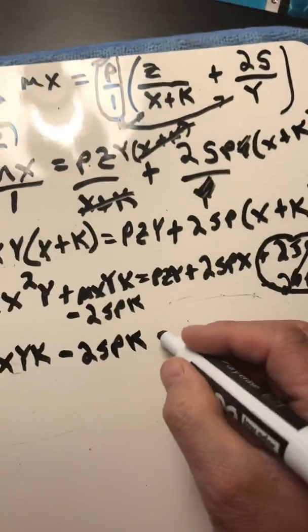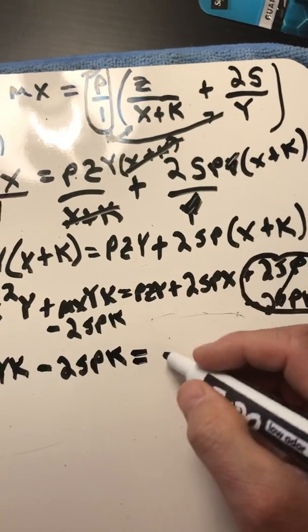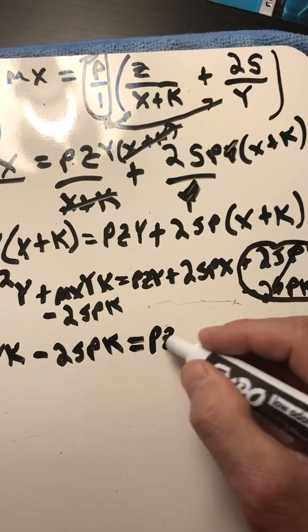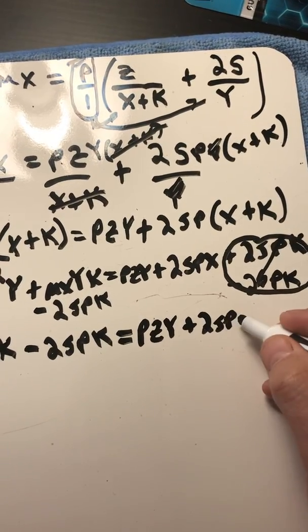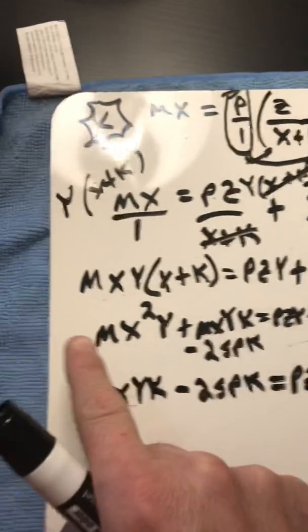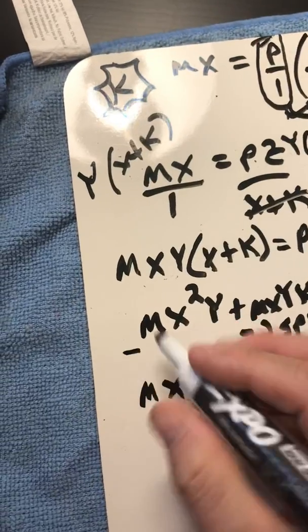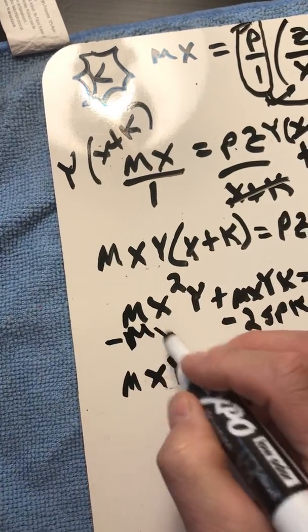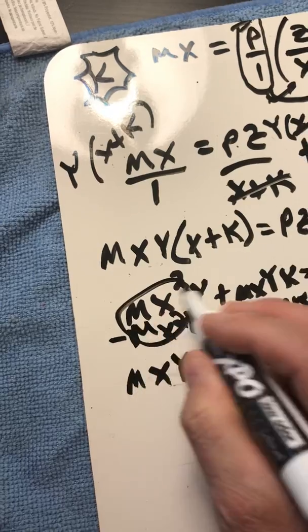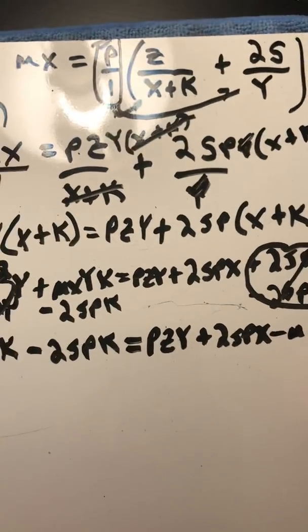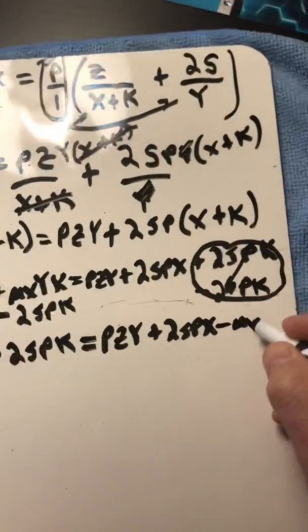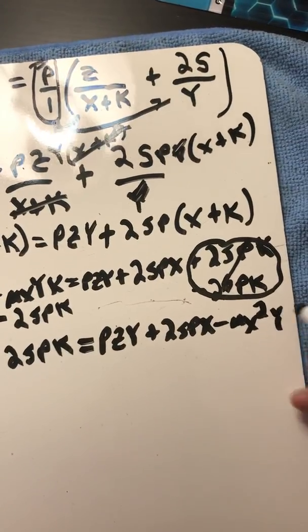Equals pzy plus 2spx. Now I'm going to subtract this to bring it over to that side too because there's no k in it. Mx squared y, gone. Minus, what is it? X squared y.